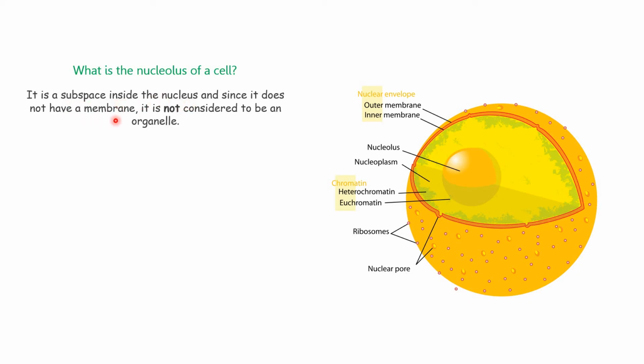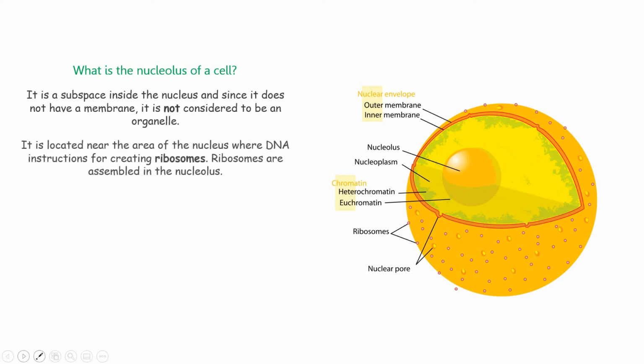It does not have a membrane, therefore it is not considered to be an organelle. Remember that the definition of an organelle is that they are membrane-bound structures inside the cell. So the nucleolus may be a structure inside the cell, but since it lacks a membrane, it is not considered to be an organelle.